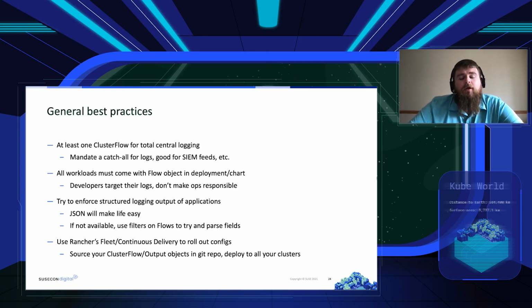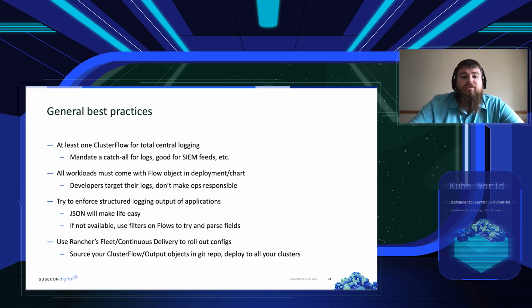Finally, where possible, use Rancher's Fleet and continuous delivery to roll out configs. Fleet is outside of the scope of this presentation, but in a nutshell, it is GitOps at scale. The ability to take resources that exist in one or more Git repositories and deploy them to one or more downstream clusters. If possible, source your flow and output objects in a Git repository to deploy them to all your clusters.